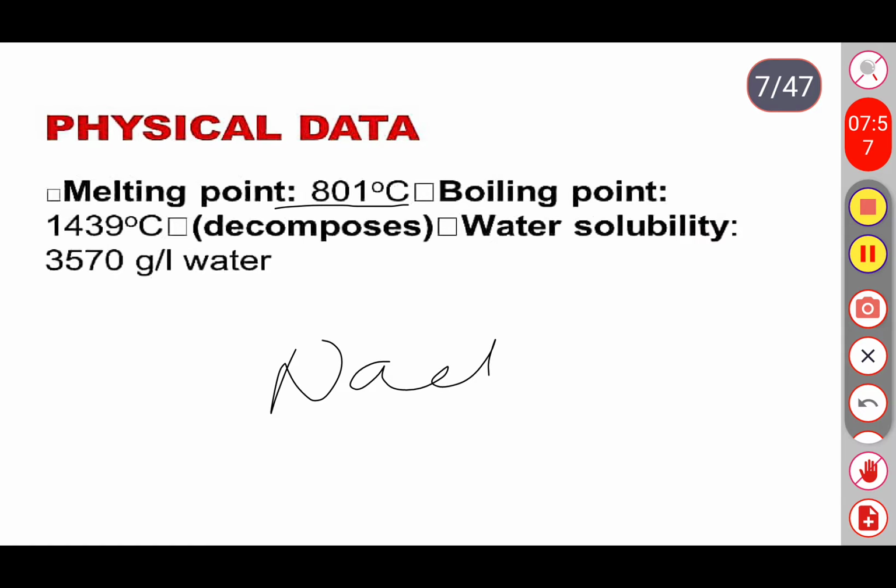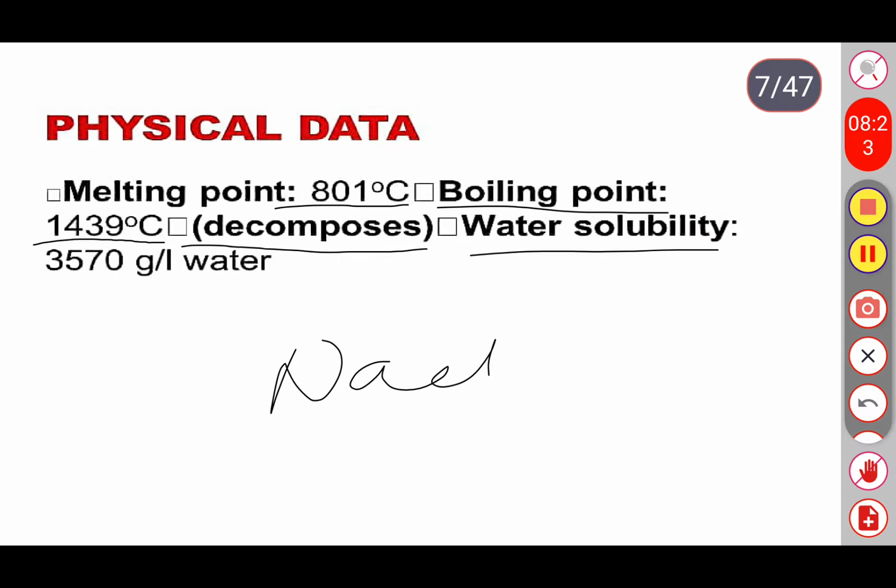It has a very high melting point, that is 801 degrees Celsius, and the boiling point of sodium chloride is 1439 degrees Celsius. At this temperature, the compound will decompose.